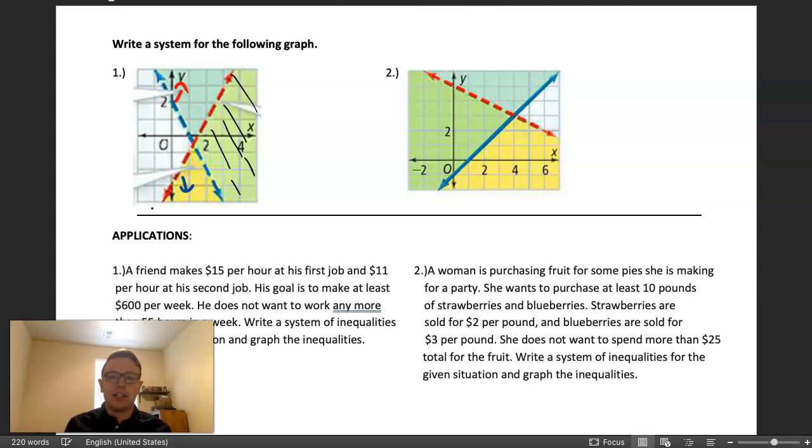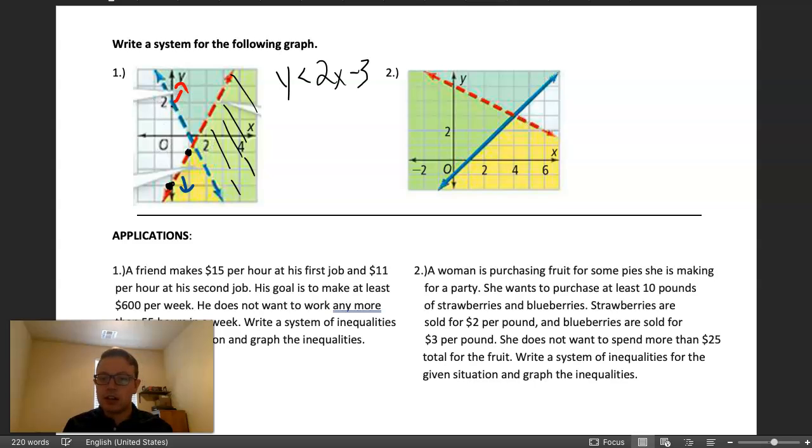So let's figure out how to write that red line first. Our intercept is at 3, and we go up 2 over the course of 1. So this first line is going to be y, we're pointing down, it's less than 2x minus 3. And what's this other one going to be?